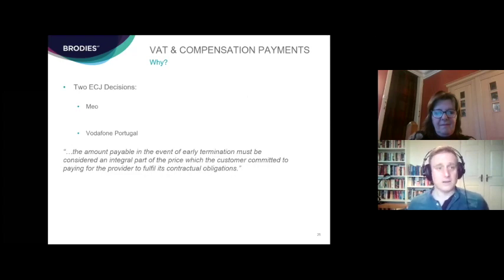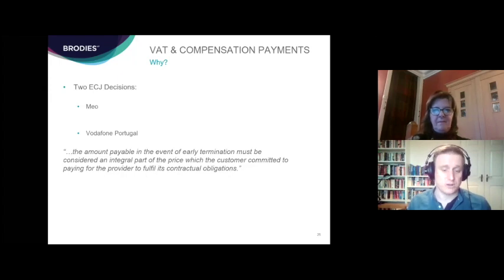At a very high level, the Vodafone case is about mobile phone contracts, and these are fixed term contracts. So we all know this, when you sign up for a mobile phone, you are signing up for a minimum term of 12 months, 18 months, what have you. Fairly standard contracts provide that there's a monthly fee, and if you terminate the contract early, that entire monthly fee gets charged.